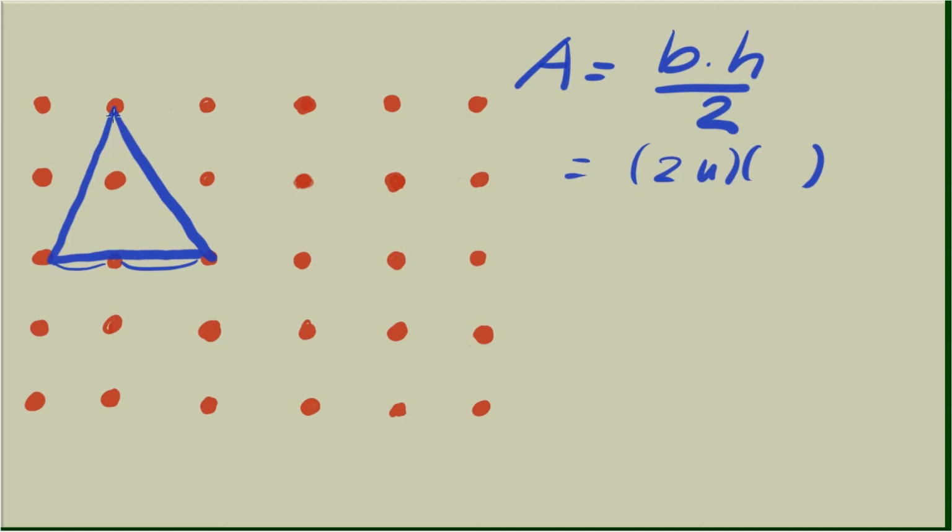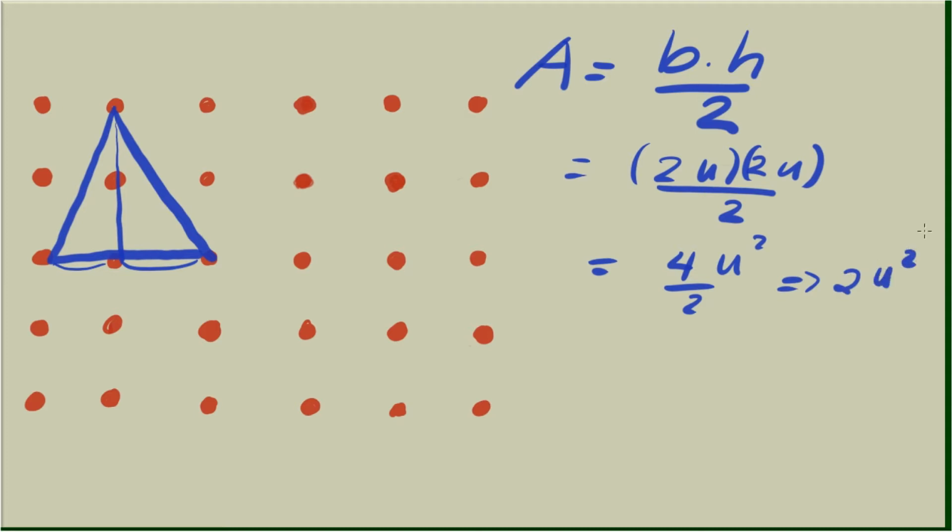If you look at the height, the height is also 2 units. Divided by 2, the area is 4 square units over 2, which is 2 square units. So remember that the area is 2 square units using the geometry formula.